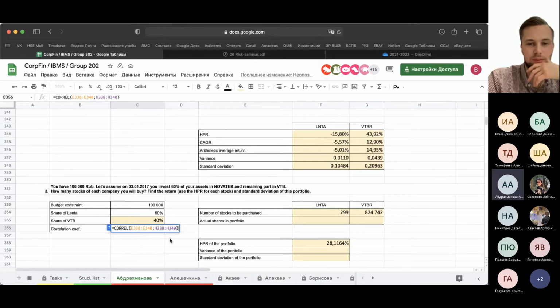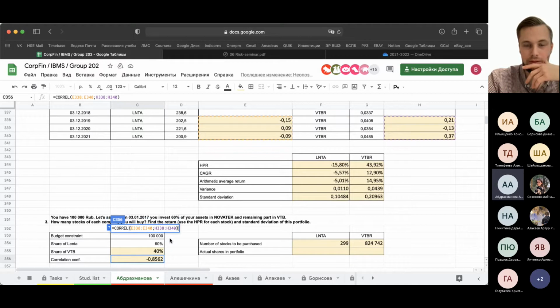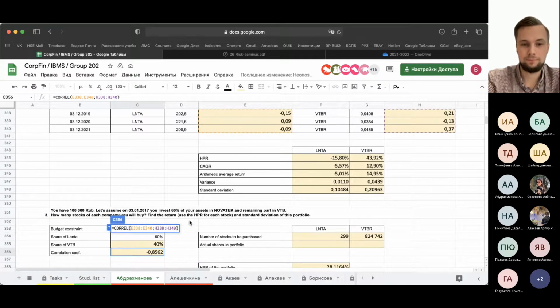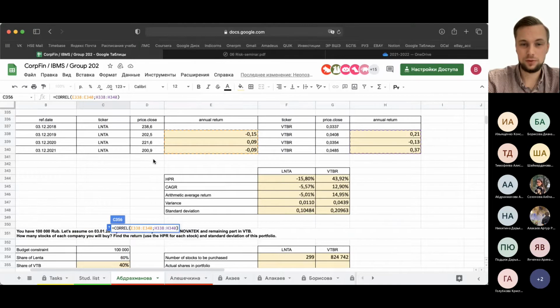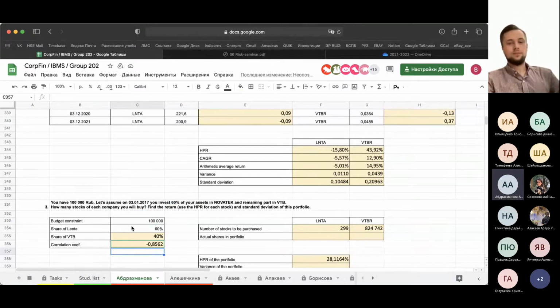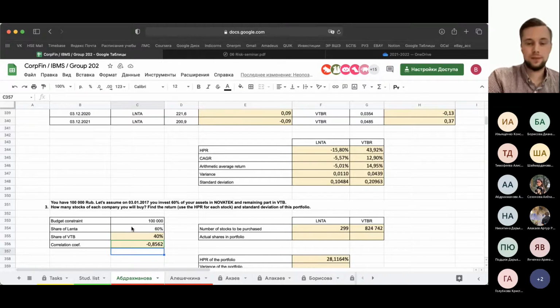Just using the formula correlation, I guess. We are taking annual returns of these two stocks as the arguments for this formula. Yeah, we'll need it for our variance and standard deviation. Of course, we will need it here.